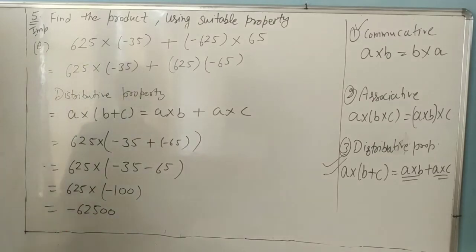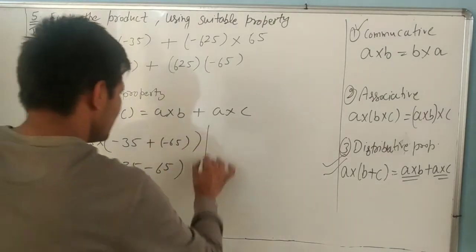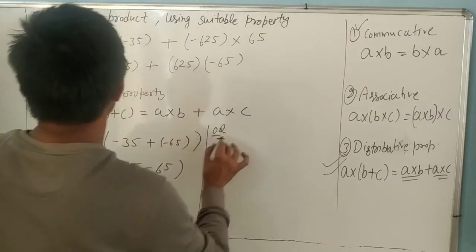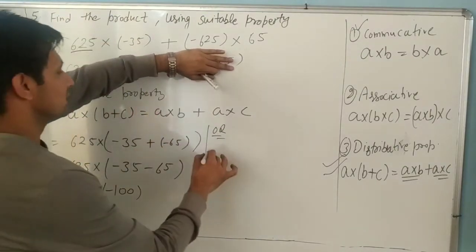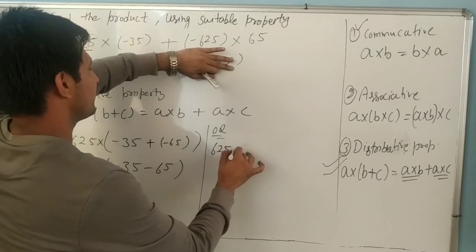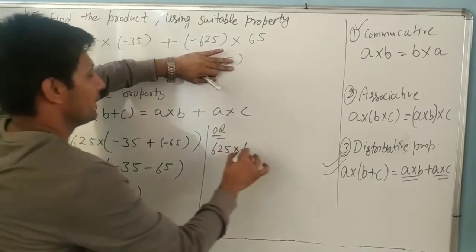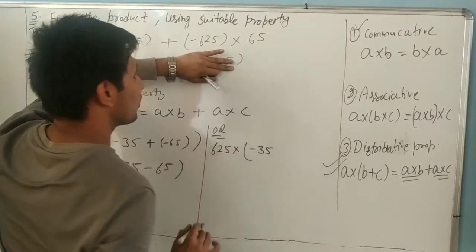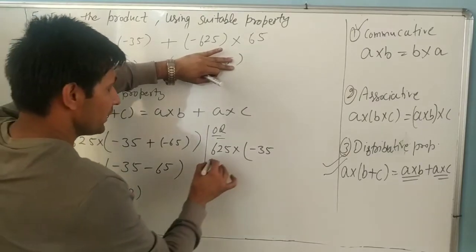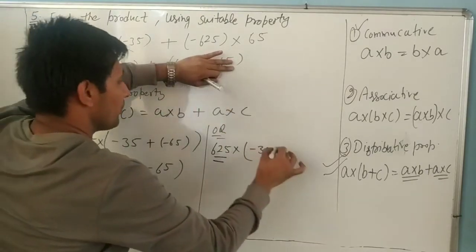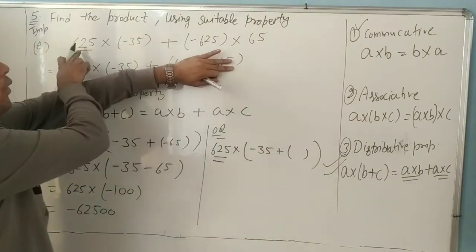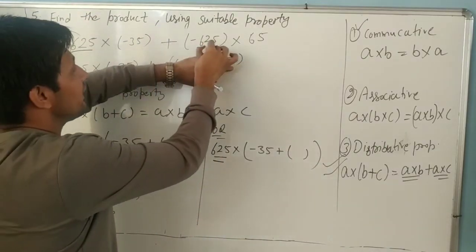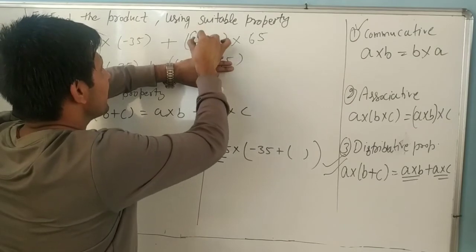Okay dear. Otherwise, dear, you can do it like this also. No need to write this one. What is common? Common is 625 multiply. What remains? Minus 35. Look now, very important. We take positive sign common, but here is a negative. So what remains here?